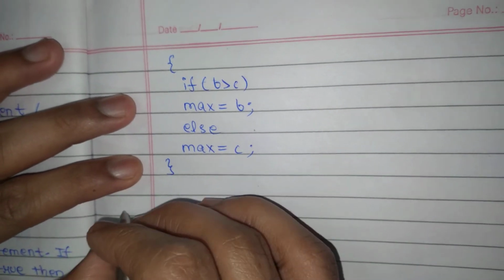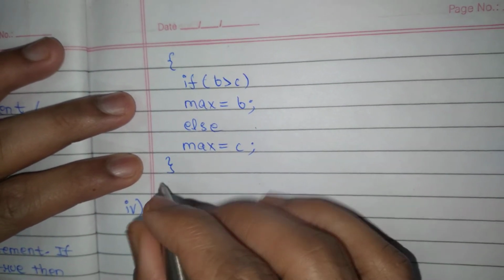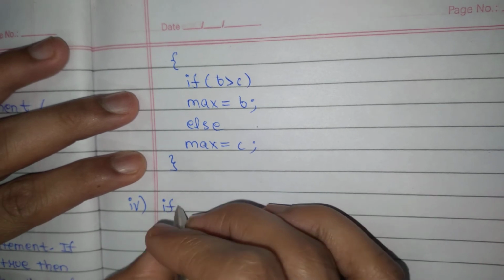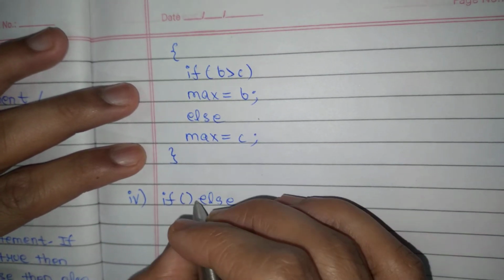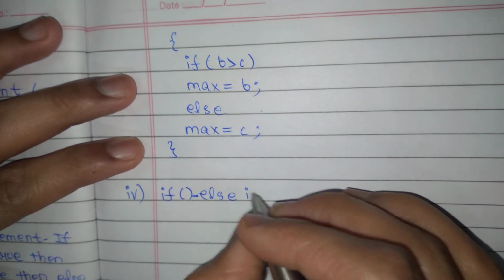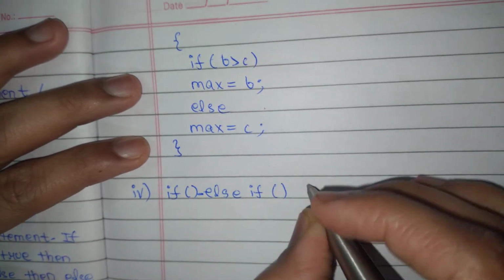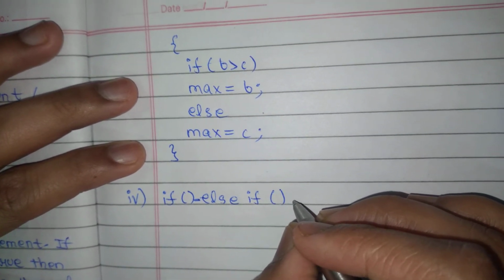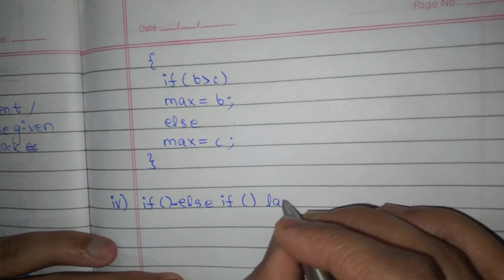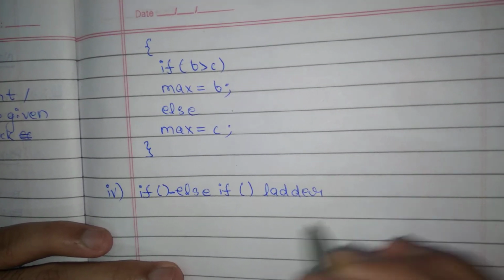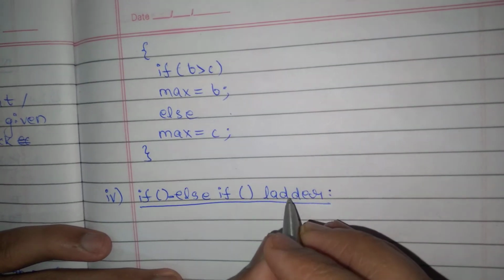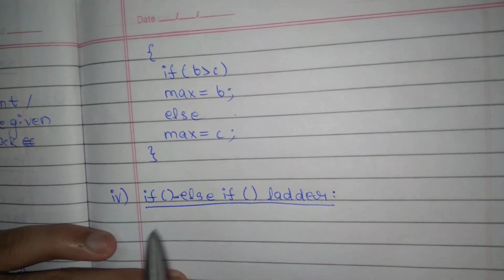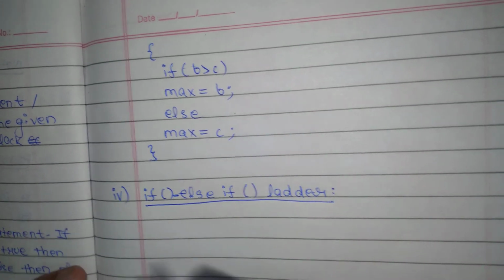Now our fourth one is if else if ladder. This is known as if else if ladder, means one if, then second else if, then third if, it will be continued.